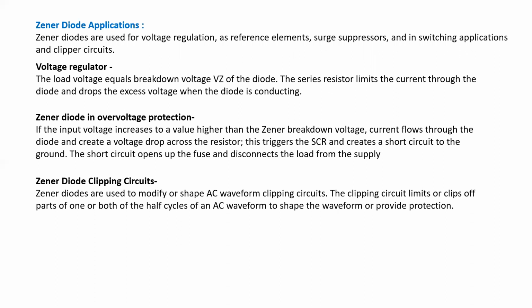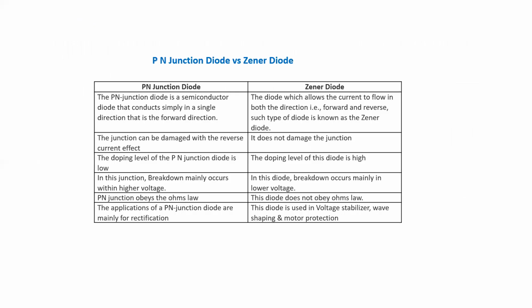The last application is clipping circuits, used to modify the shape of the AC waveform. If you expect to remove part of the waveform, the Zener diode is used for clipping or removal of that part of the waveform.